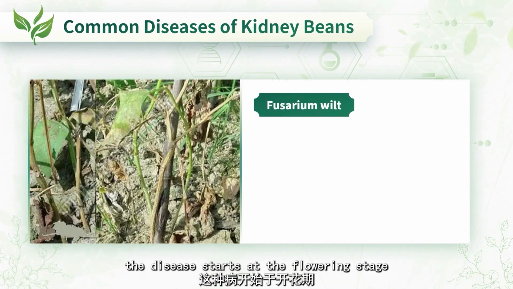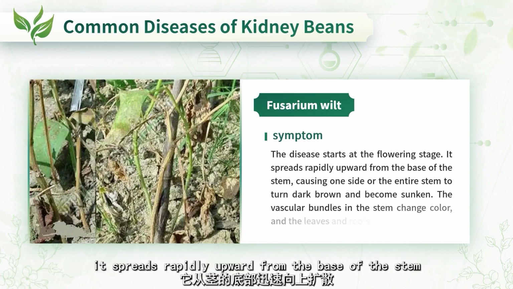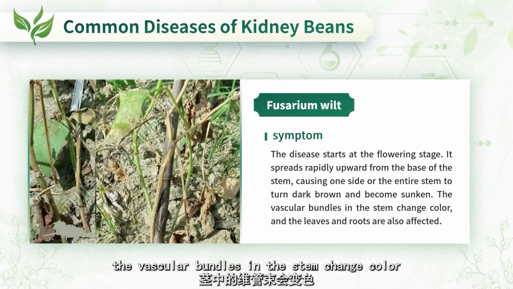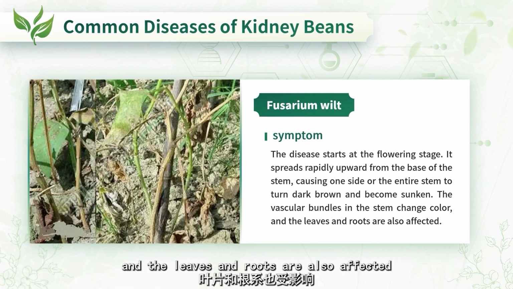Fusarium wilt. The disease starts at the flowering stage. It spreads rapidly upward from the base of the stem, causing one side or the entire stem to turn dark brown and become sunken. The vascular bundles in the stem change color, and the leaves and roots are also affected.